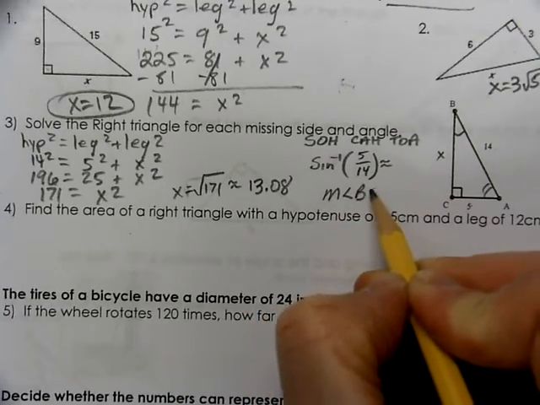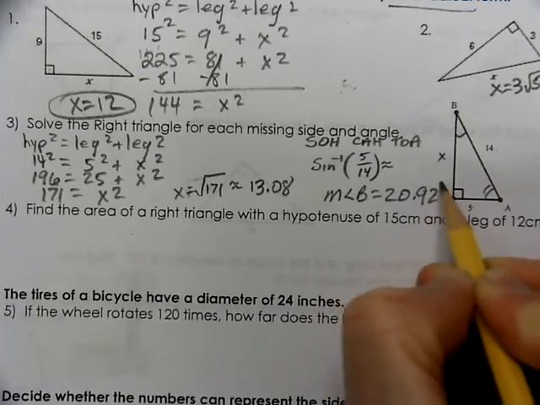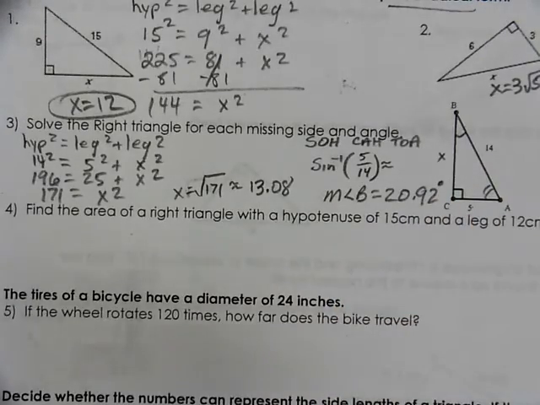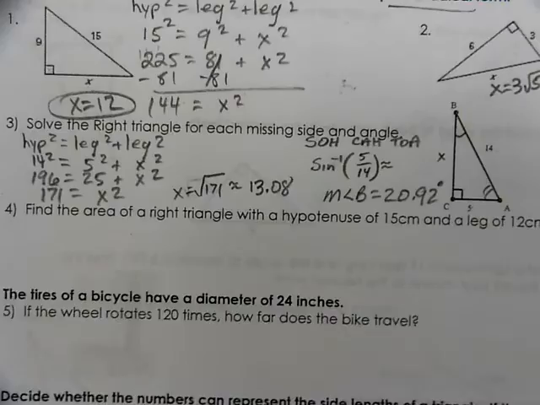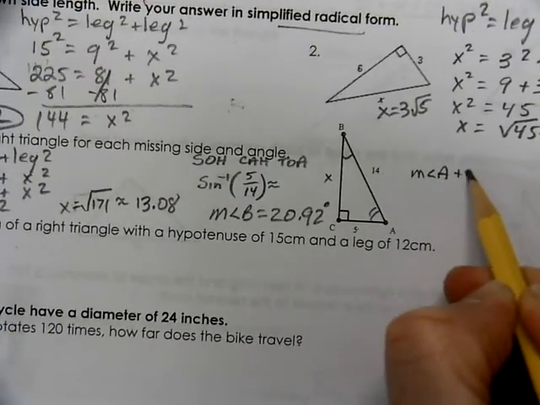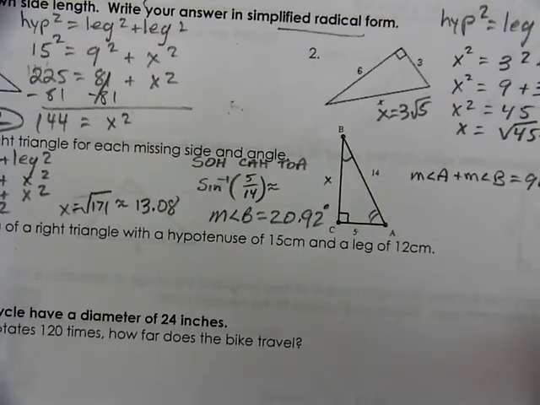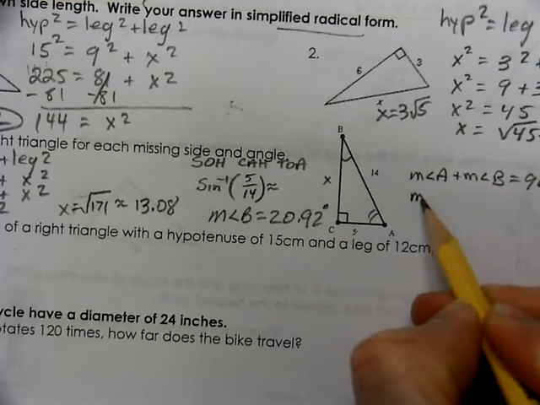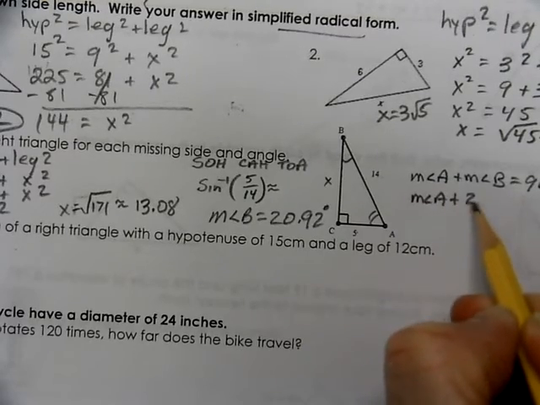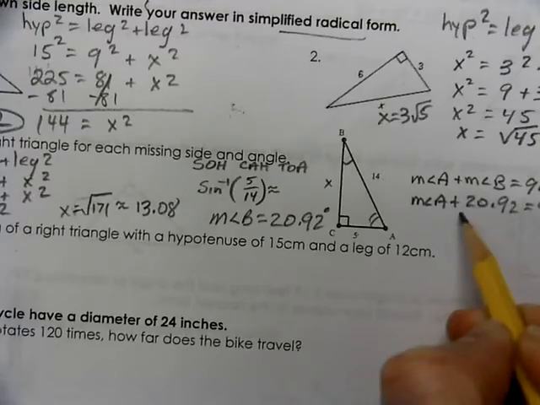The measure of angle B equals 20.92 degrees. So to find the measurement of angle A, I know the measurement of angle A plus the measurement of angle B adds up to 90. So the measurement of angle A plus this 20.92 should equal 90.